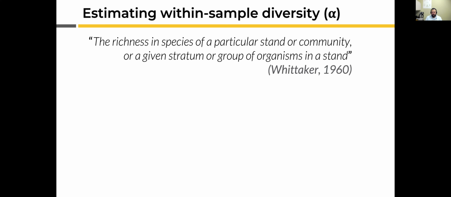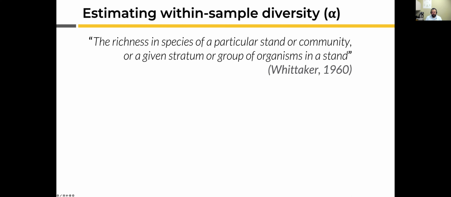So one of the first things that we like to look at is, well, diversity, but there are different kinds of diversity. Alpha diversity was first defined by Robert Whittaker in 1960, and he defined it as the richness in species of a particular stand or community or a given stratum or group of organisms.